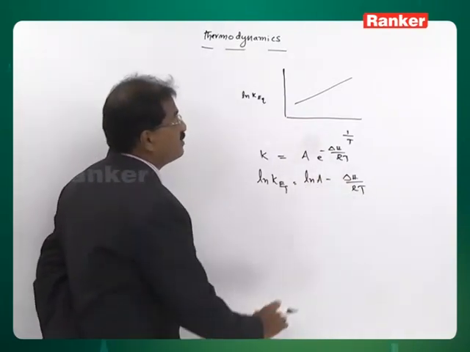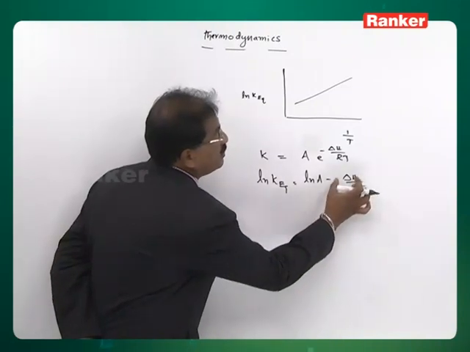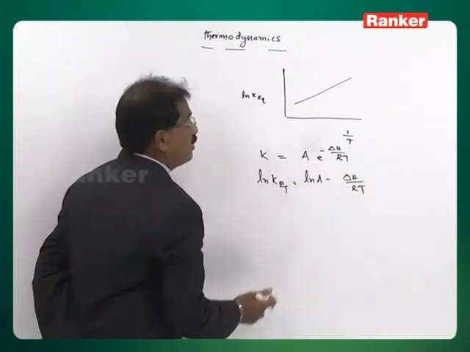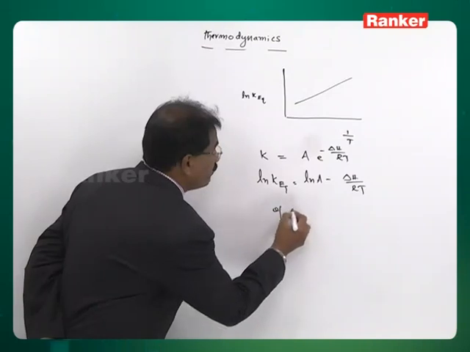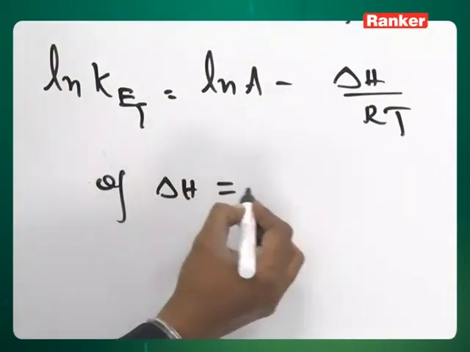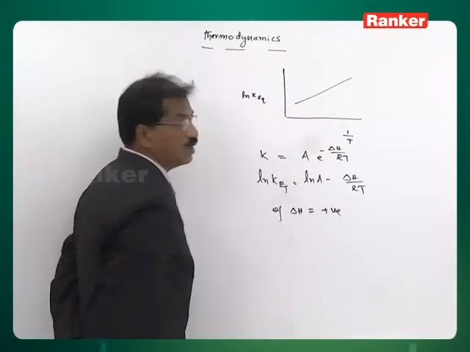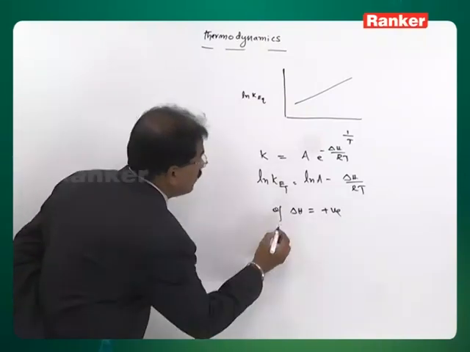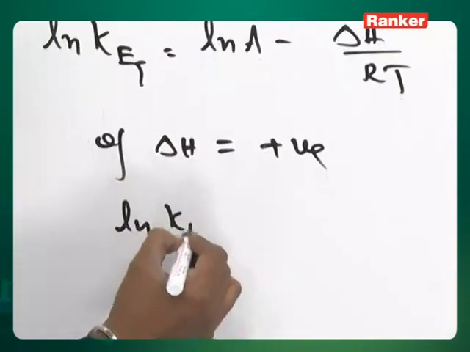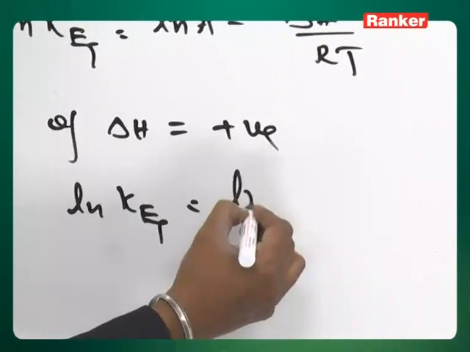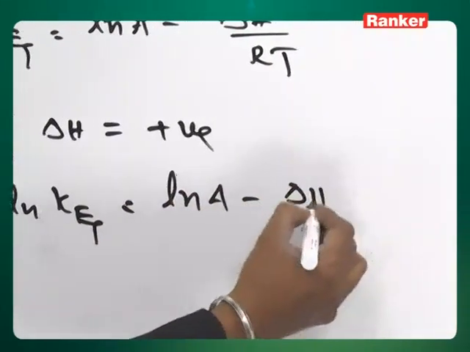Next, the exact shape of the curve depends on the sign of the del H. So, for example, if del H is positive, the expression will remain like this. ln K equilibrium is equal to ln A minus del H upon RT.